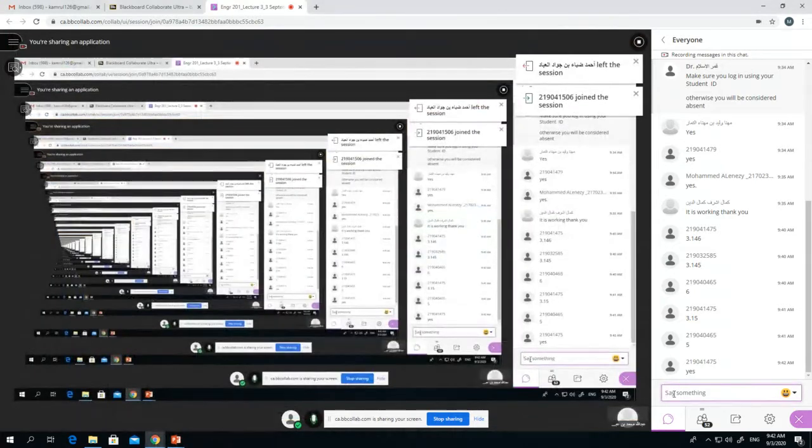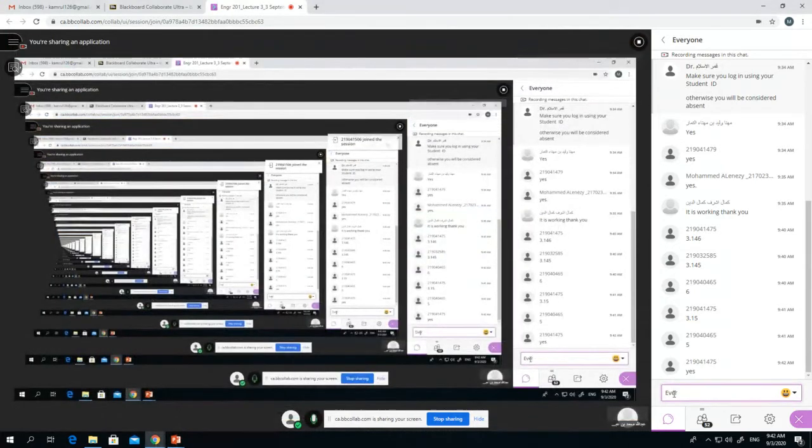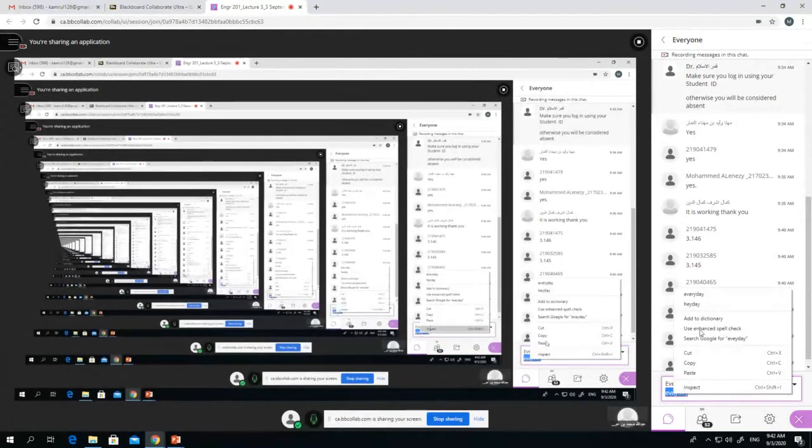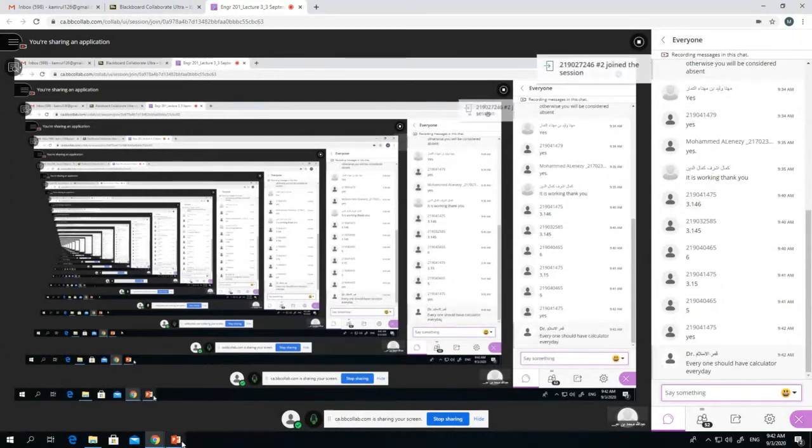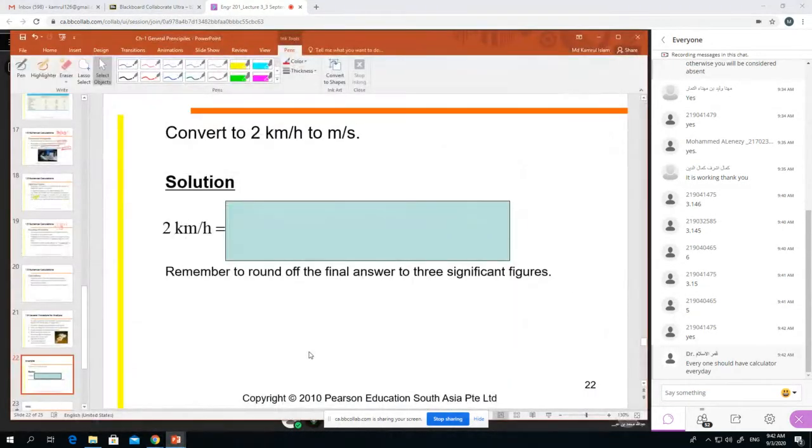Every student should have a calculator every day, because from today on we'll be doing the mathematics, like the real calculations. So always we'll need the calculator.